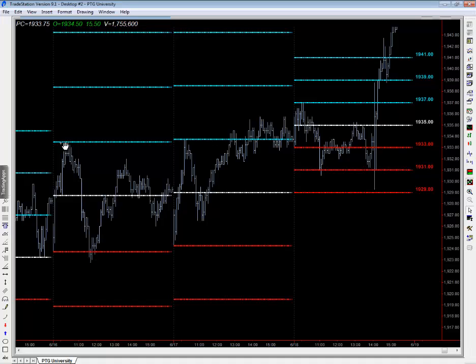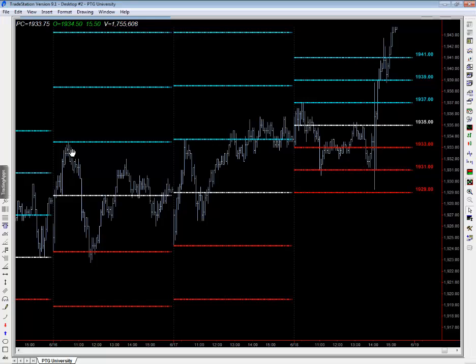So here's something, a day type. When we have a relatively wide initial balance, and again, wide is a relative term, there's no specific definition of what constitutes wide.